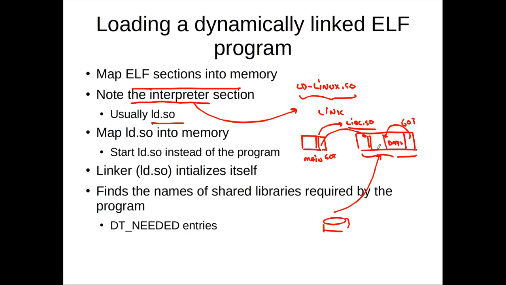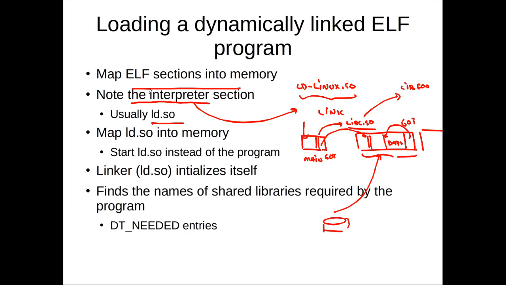And then at some point it says, okay, you're ready to run, it will jump to main. But this loading has to be done. And maybe libc.so depends on some other libraries, like, I don't know, something foobar. Well, these libraries also have to be loaded recursively. So before the program runs, this linker is running, right?